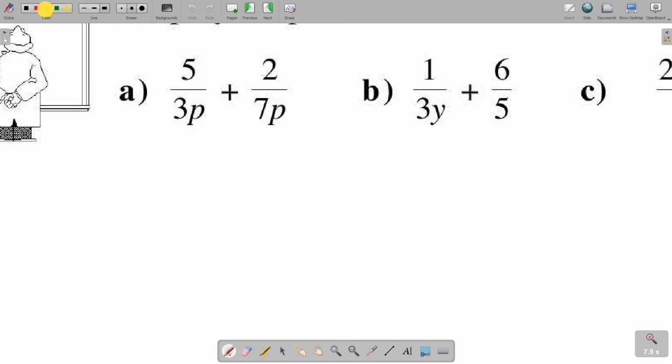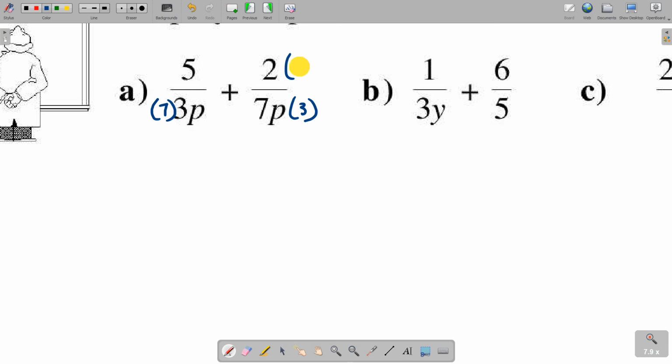Okay, so I look at the numbers first. I have 3p, 7. 7 and 3, well, they're not multiples of each other, but if I take this 3 and multiply it by 7, I'll get 21p. And if I take this 7 and multiply it by 3, I'll get 21p. Therefore, that will be the same denominator.